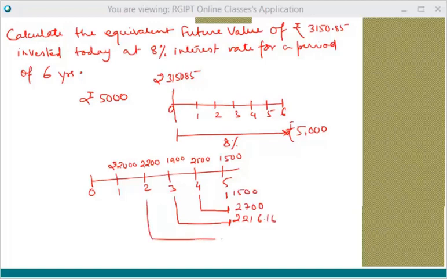For this one, 2714. For this one, 2710. Then you sum them up, and what you get is 11908.